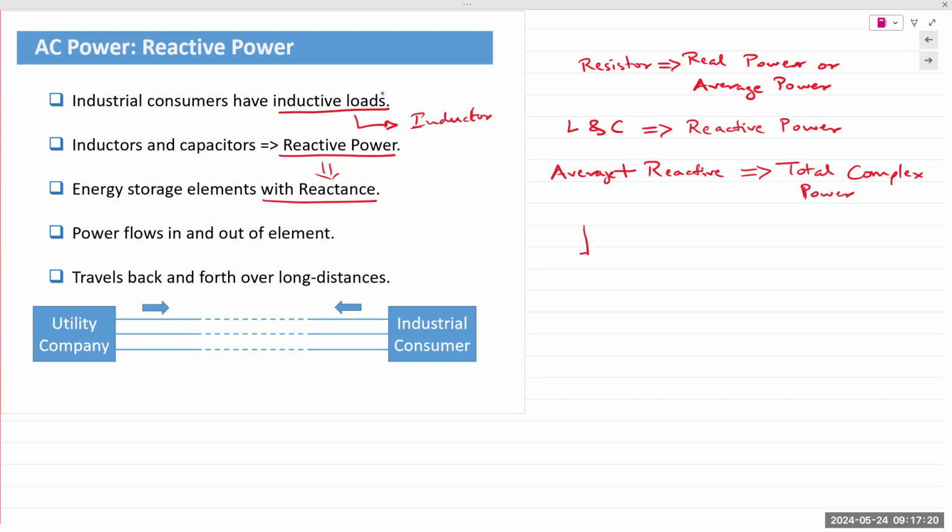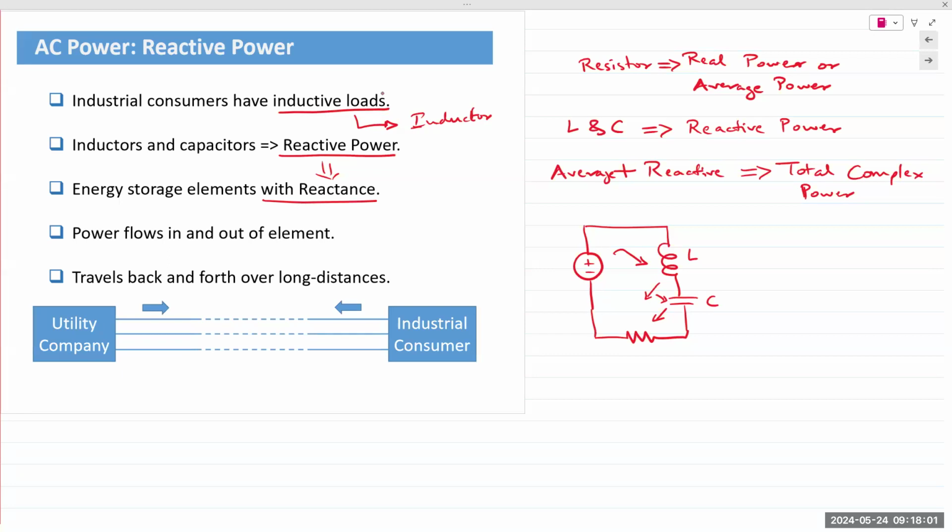Meaning if you have a source and you have an inductive load and a capacitive load, the energy is continuously flowing in and out of the inductor and the capacitor. Energy is constantly being exchanged. Depending on the frequency, that energy exchange is fast or slow, right? So right now, this is a very simple illustration. Your source is very close to the inductor and the capacitor.